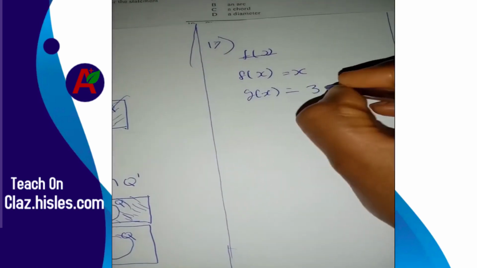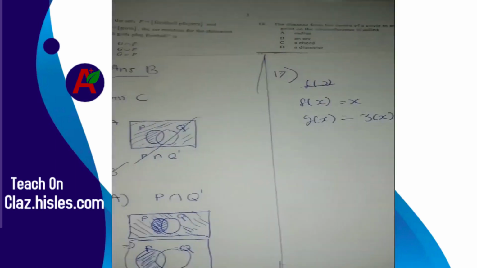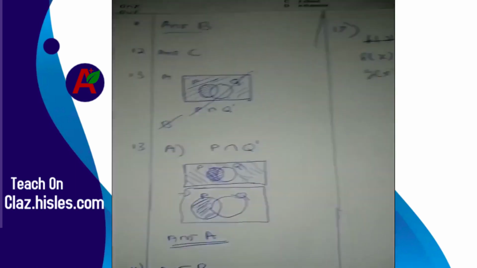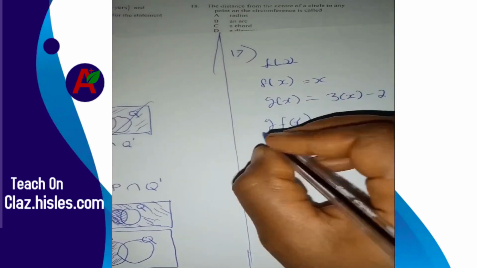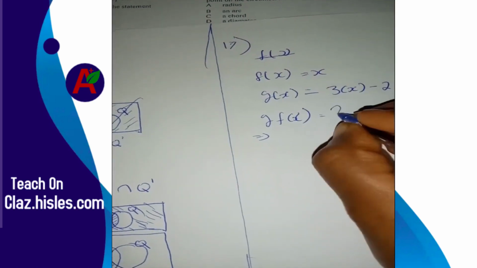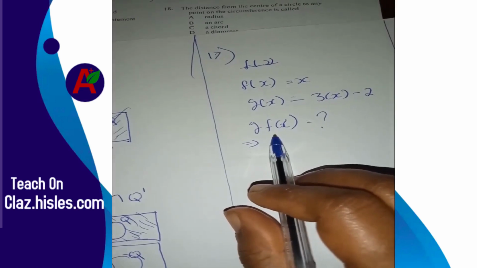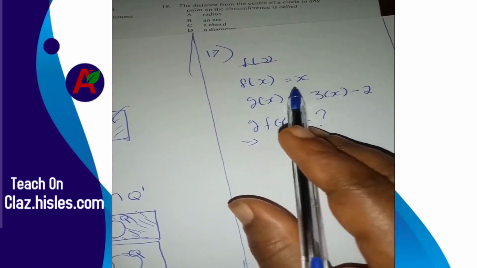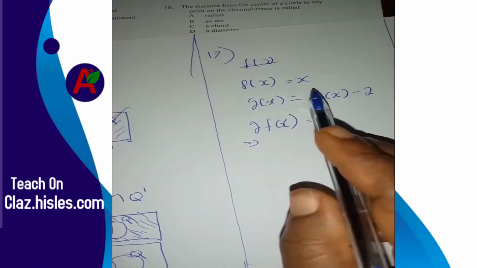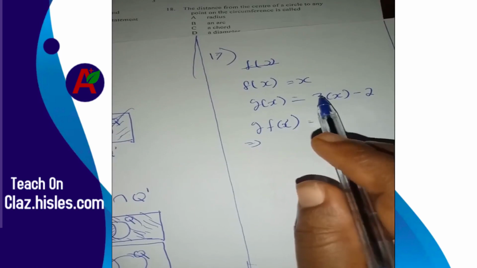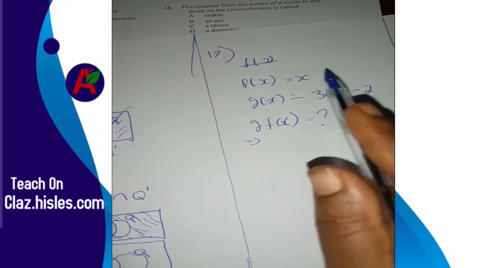Then what's our composite function? g of f of x. So g of f of x means we'll substitute the f of x function wherever we see x in g of x. f of x is x. So we have x here, so we're substituting f of x.